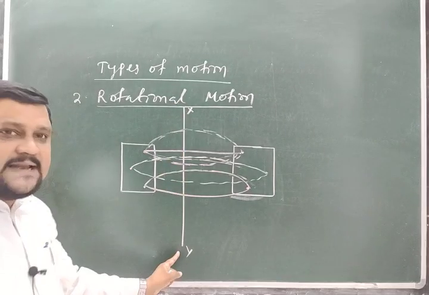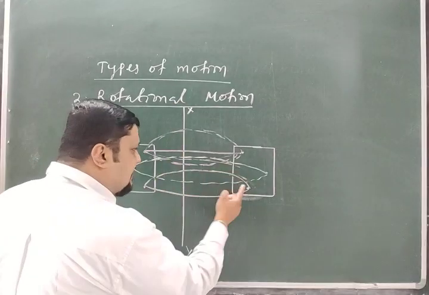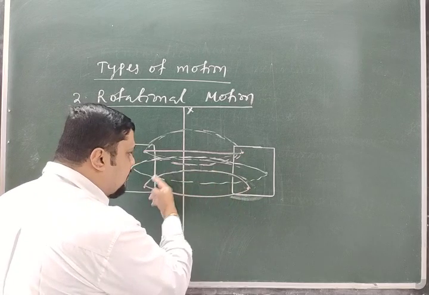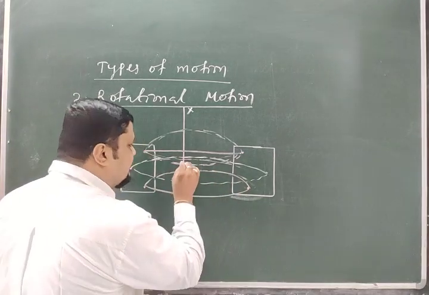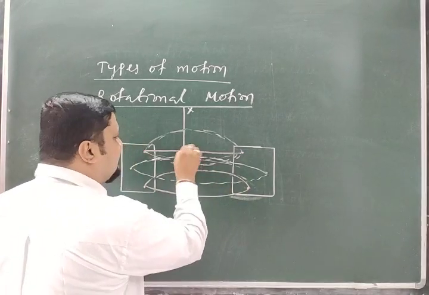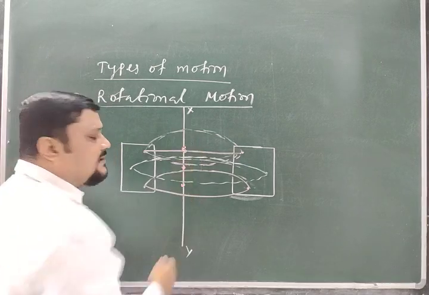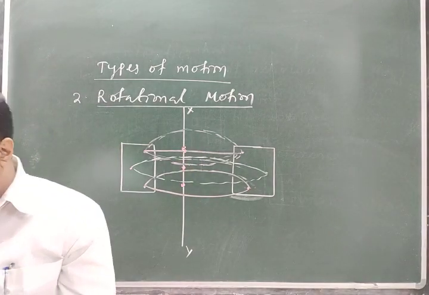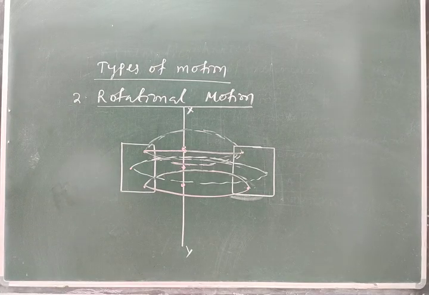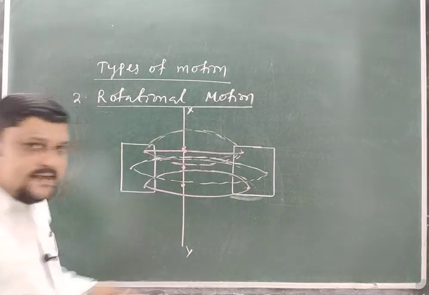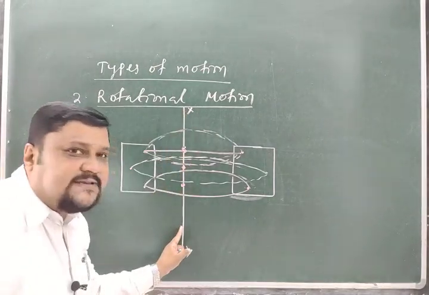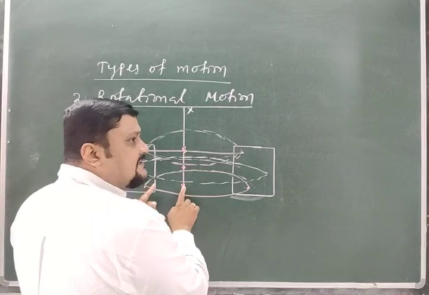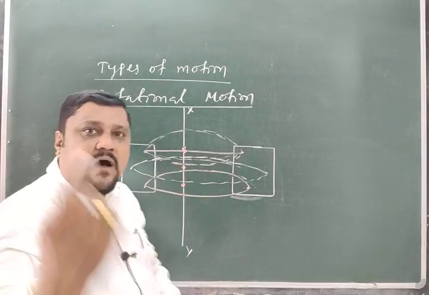Above this fixed line, every point is rotating in concentric circular paths. For this one the center is here, for this one the center is here, for this one the center is here. All the centers are fixed, right? So this is called the rotational motion, this line is the axis of rotation, and this is the center of rotation.